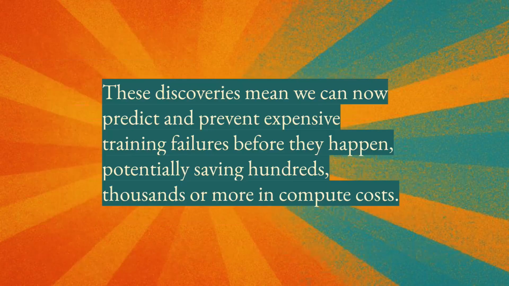So a couple of big picture ideas that I want to end with. These discoveries mean we can now predict and prevent expensive training failures before they happen. And this could potentially save hundreds, depending on what scale of GPU you're using, thousands, maybe even more in compute costs.